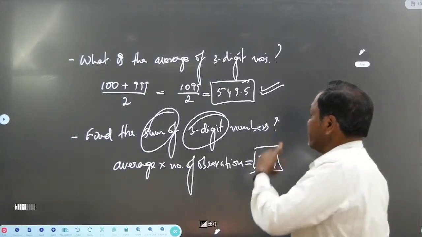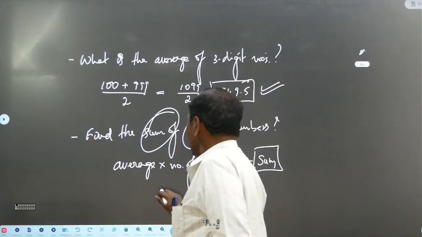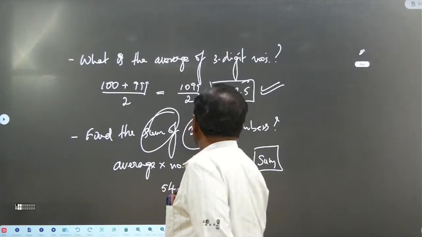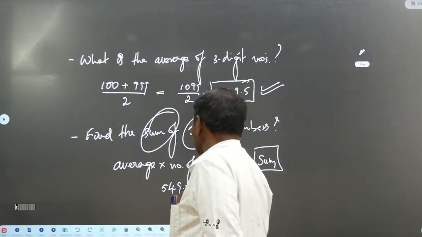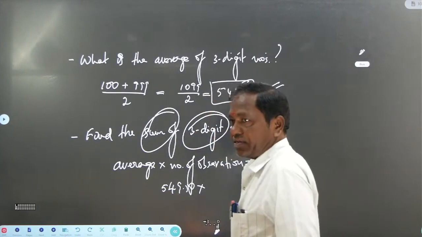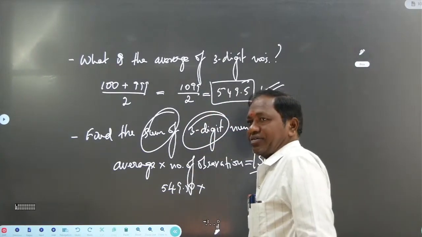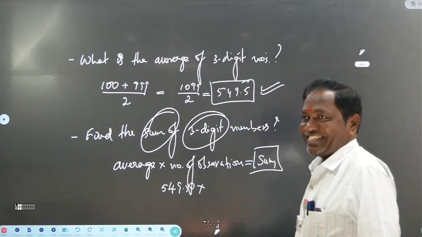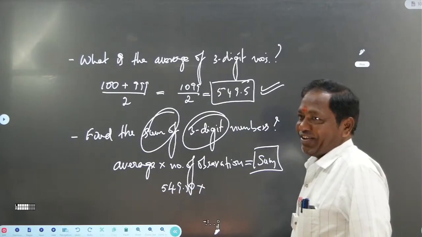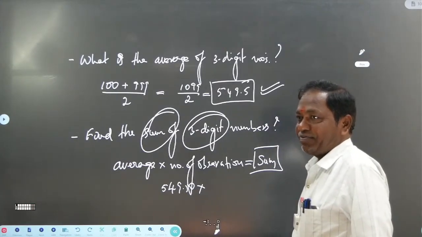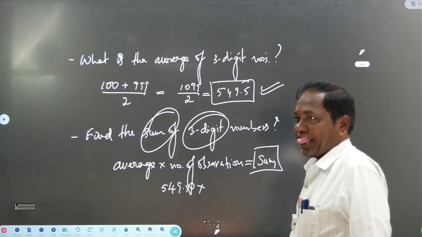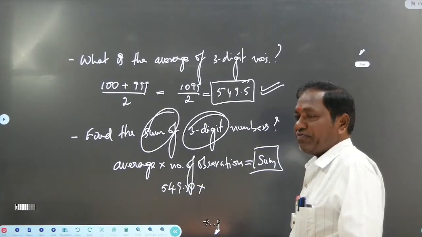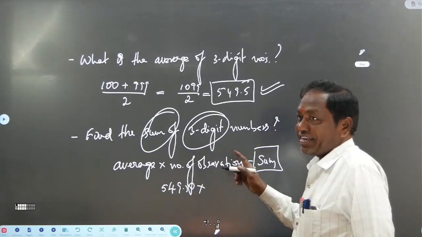Average we already know, so 549.5 into how many observations are there? 1000 gone. See, that's why. If you take 1000, how is it 1000? You are starting from 100 to 999.